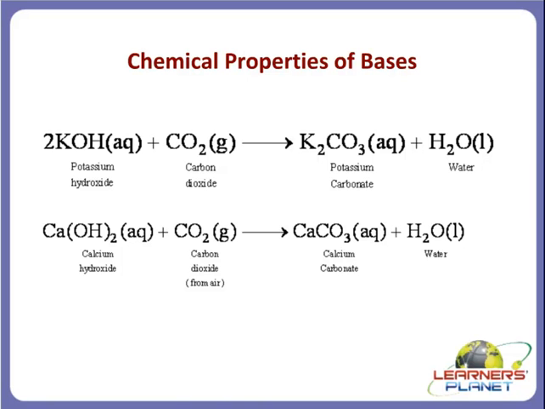When this calcium hydroxide is exposed to air, it reacts with carbon dioxide and forms calcium carbonate, due to which the walls of houses get a shiny texture. So in general, bases react with carbon dioxide and form their respective carbonates and water.